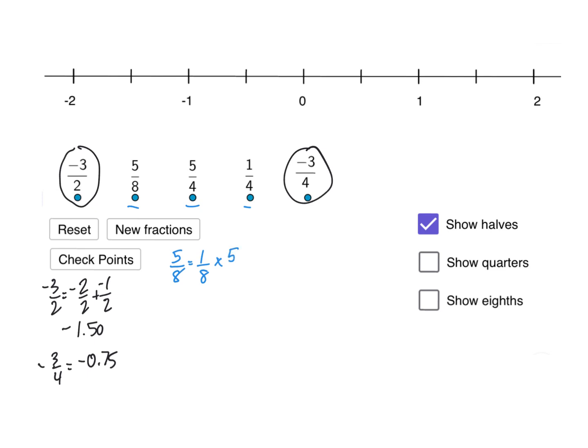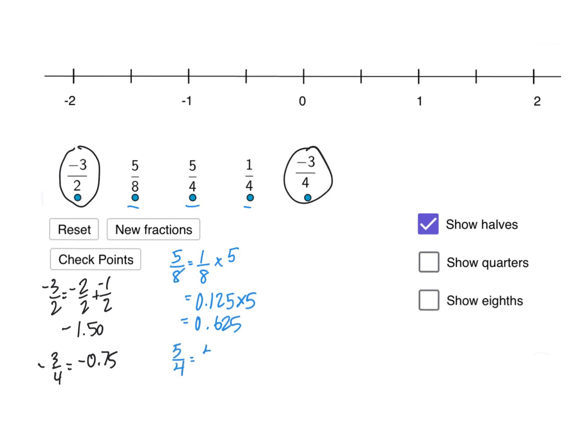And we know that 1/8 is 12.5 cents. And you can just multiply that by 5. And you end up with 62.5 cents. That's 5/8.